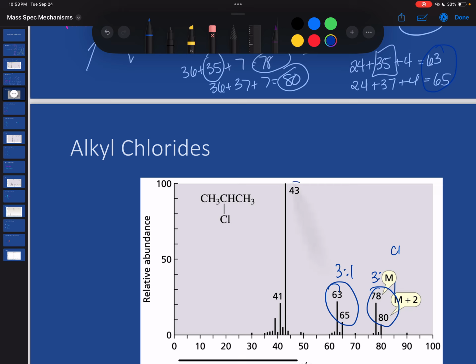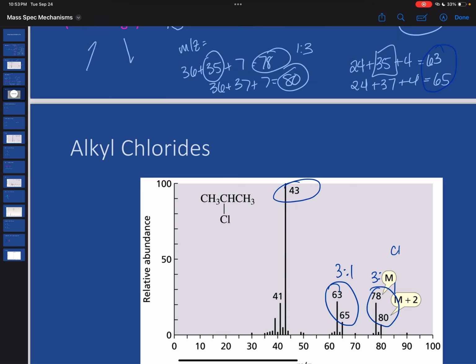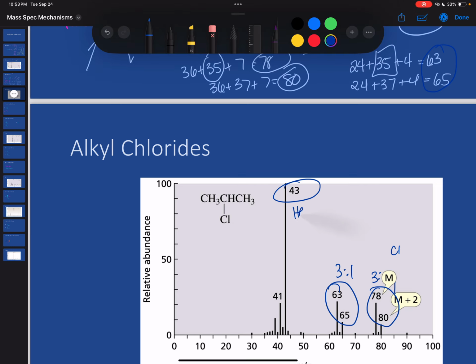And then notice I have my 43 that does not have the 3:1 ratio, which I did not expect it to, because this was due to the heterolytic cleavage. Whereas only these 2 peaks were my alpha cleavage, and then this is just my molecular ion peak, right?